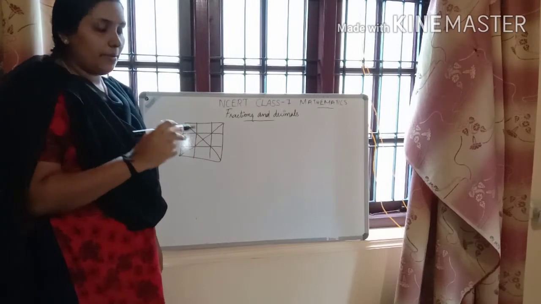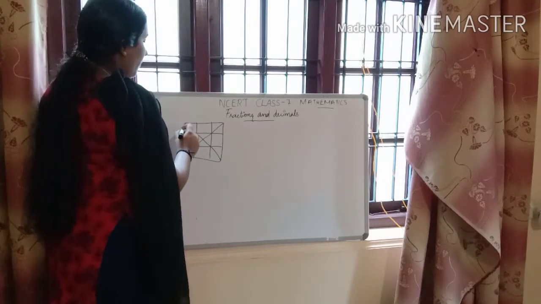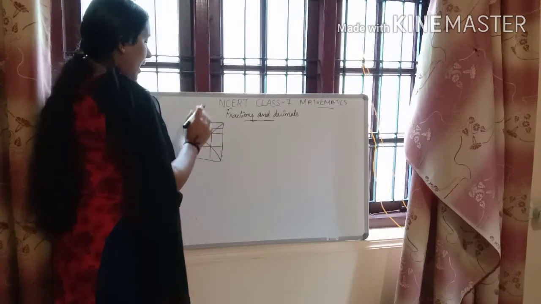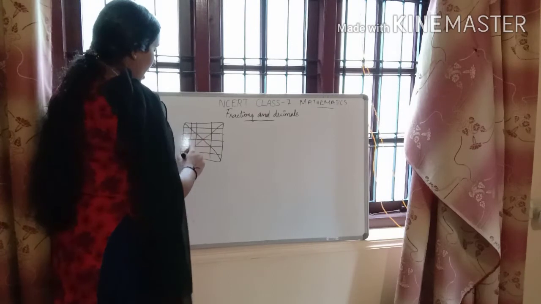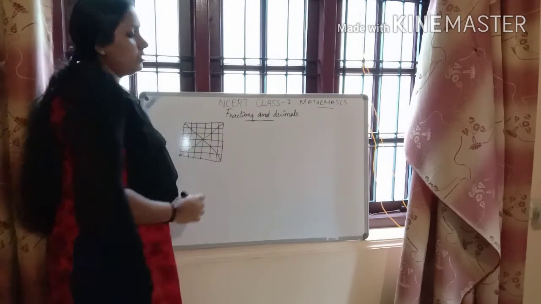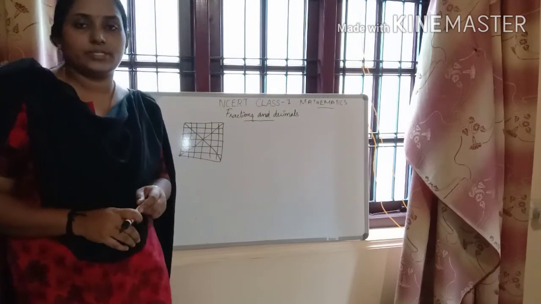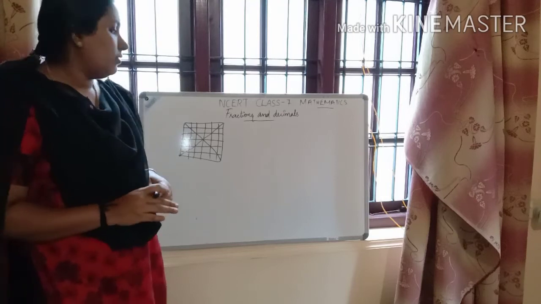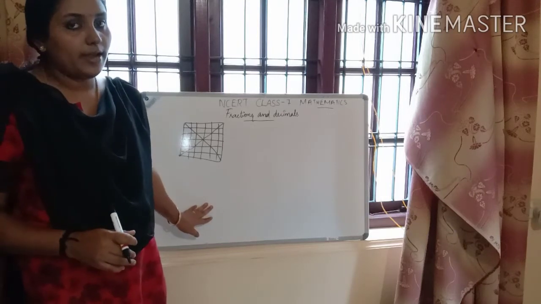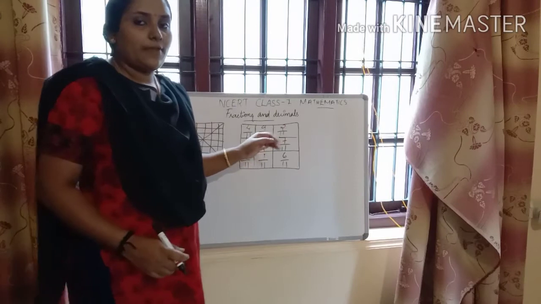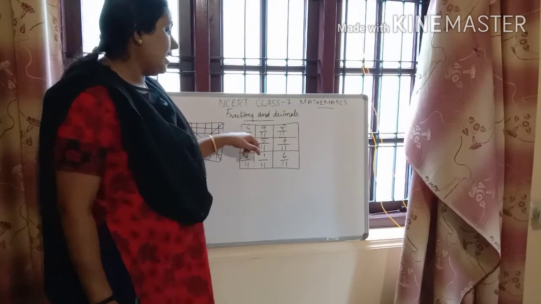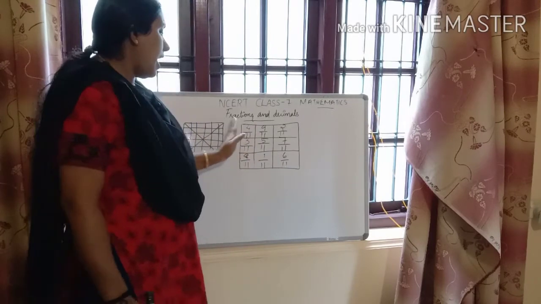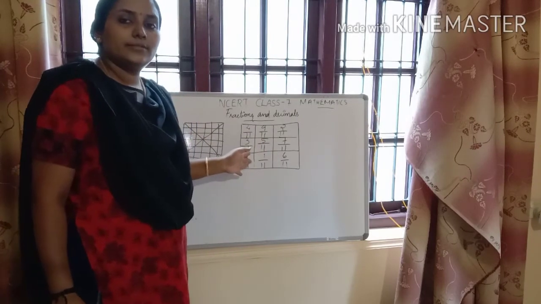We should get the same answer while adding in row ways and in column ways. This is the only condition to get this magic square. Shall we take the question of this magic square? Yes. Can we check whether we get the same answer while adding the rows, the columns and the diagonals?